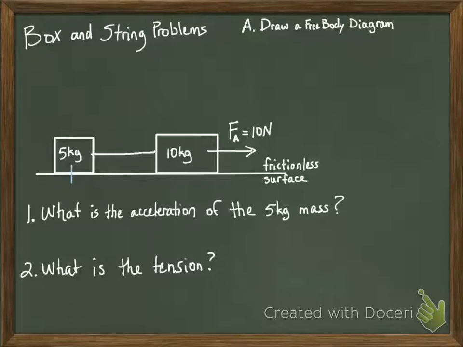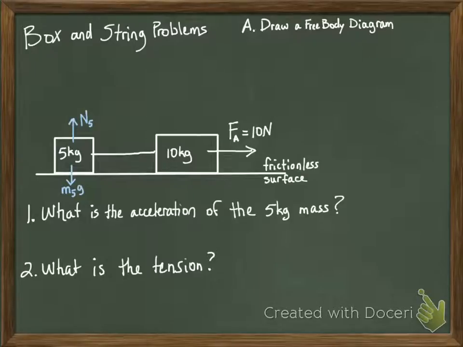Alright, now we're going to start here on the 5 kilogram mass, and we're going to start with the one force that's always present, and that would be gravity. This box is in contact with a surface, so there's also a normal force. Now, I want you to notice how I labeled these. Because I've got two masses, I can't just label the weight as mg. So I'm going to indicate that it's the mass of the 5 kilogram mass there, so we will label it as M5G.